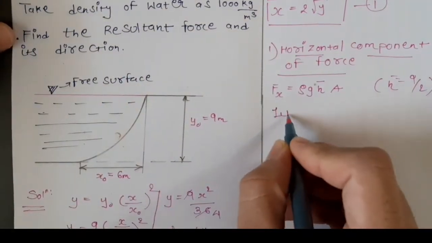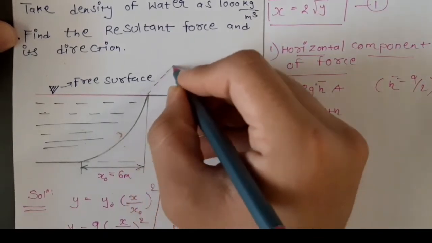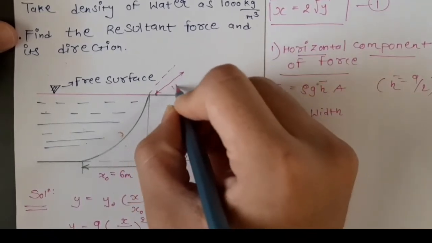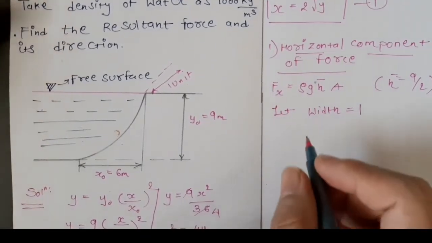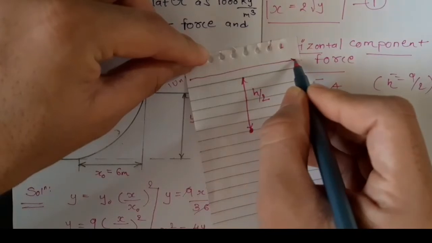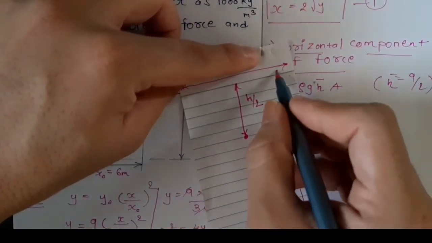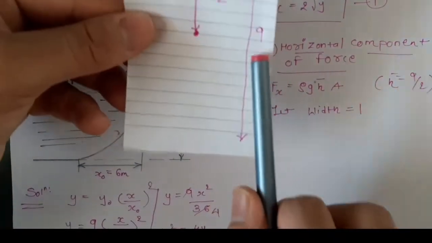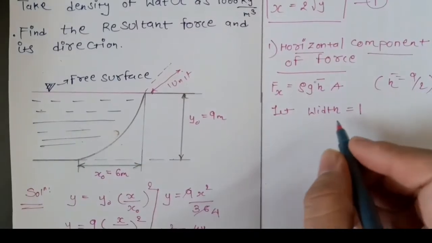So let width, this is the width. Okay, so let's say this width is 1 unit, so let width equals to 1. So the area of this is 1, this is 1, and this is 9. Okay, this is 9. So the area of this rectangle will be 9 into 1.